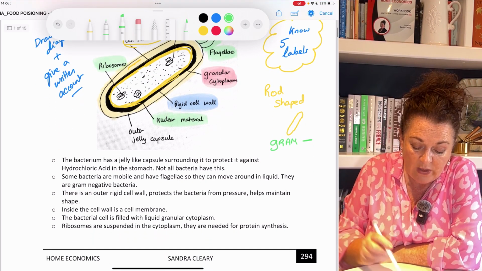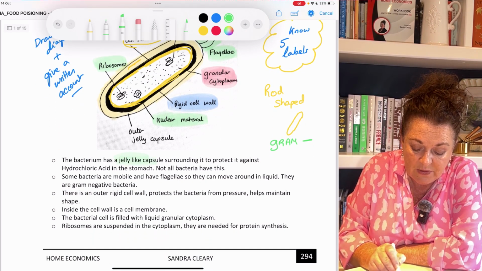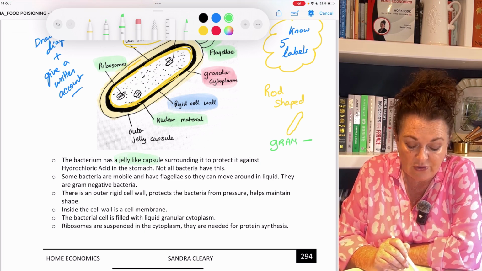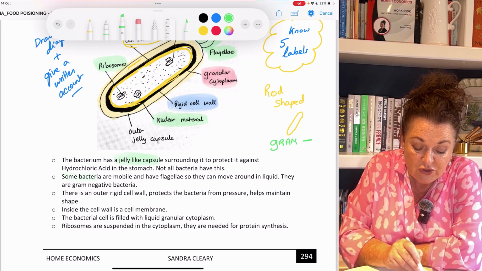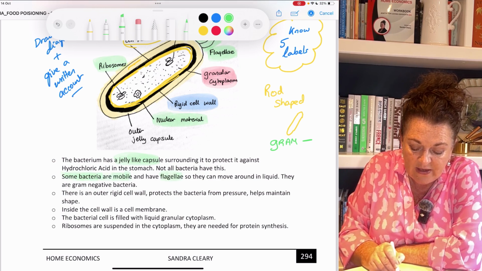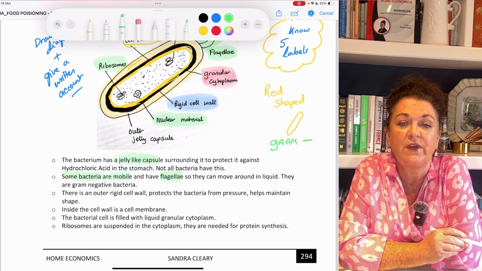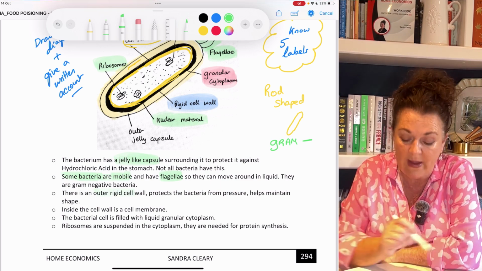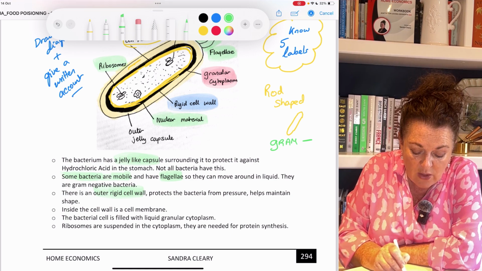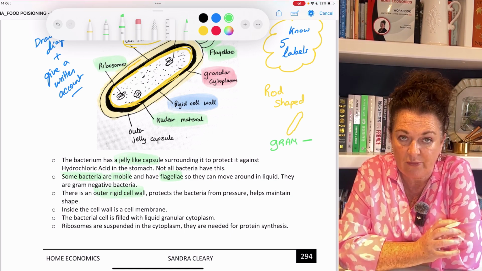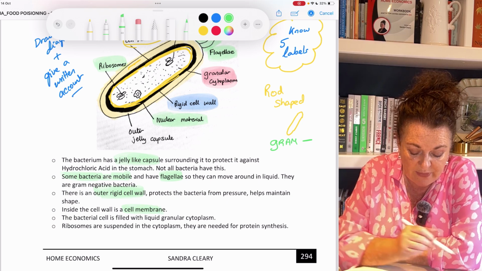So we have a jelly-like capsule surrounding this particular bacterium to protect it from the hydrochloric acid. Some bacteria are mobile and have these flagellae, so they can move around in liquid. And like I said a few minutes ago, they are gram-negative. We have an outer rigid cell wall protecting the bacteria from pressure and keeping the shape.